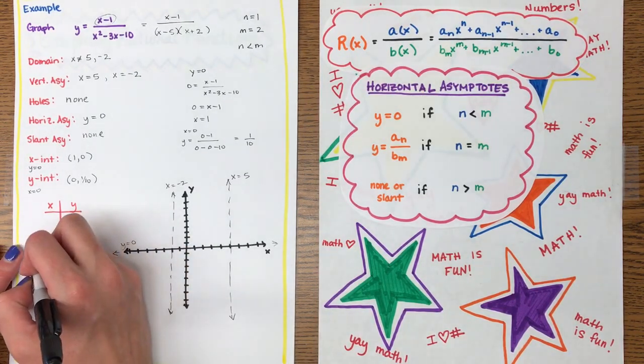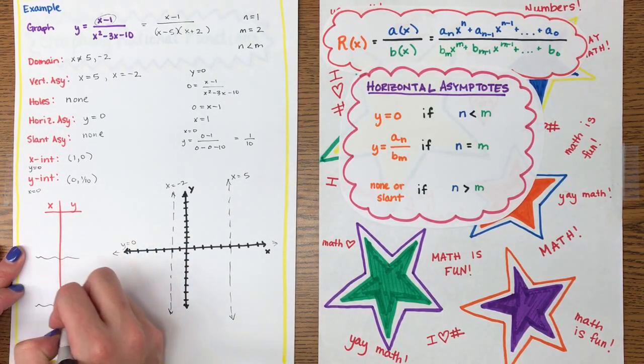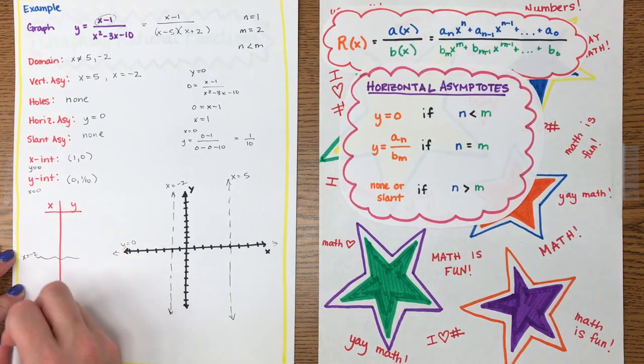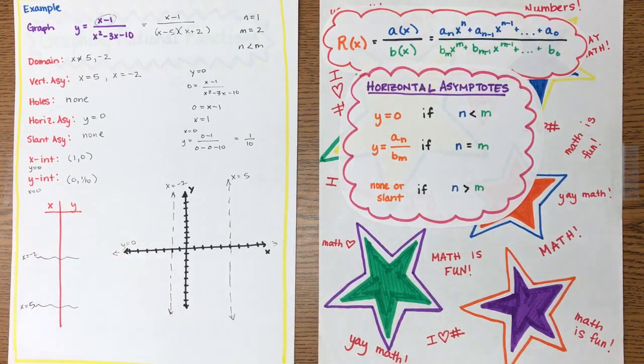I have two vertical asymptotes, so I'm going to need to divide my graphing space or my table into 3 sections. I need at least 3 points per section. What I end up finding is a lot of the times 3 points isn't quite enough, and I'll end up just finding more points.